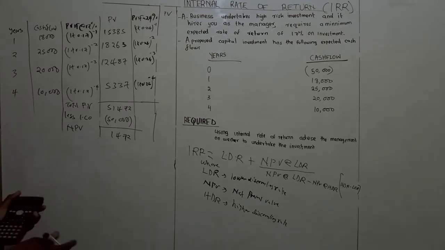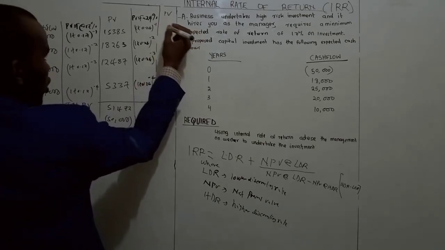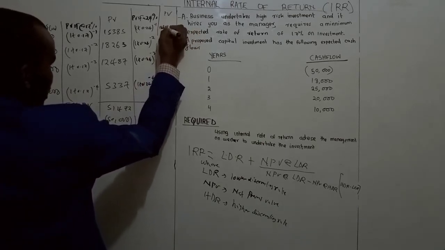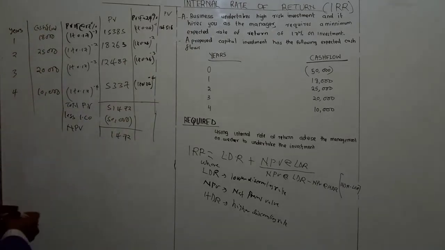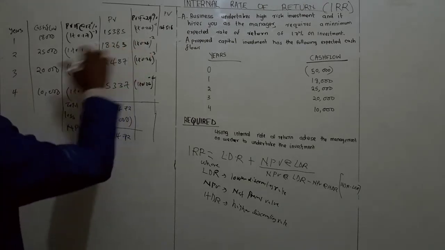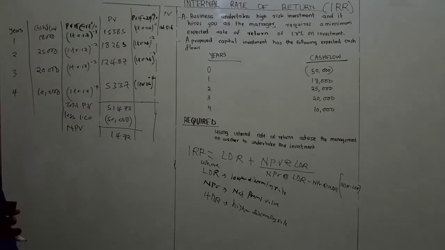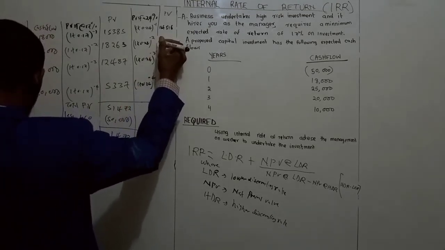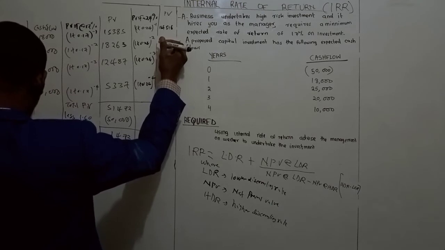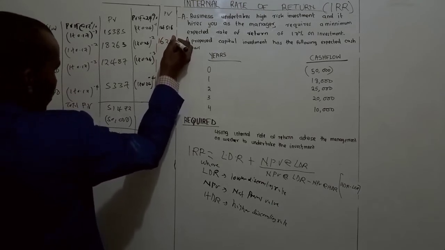I'm getting 14,516. Next, I have 1 plus 0.24 raised to negative 2, then multiply by 25,000. I'm getting 16,259.